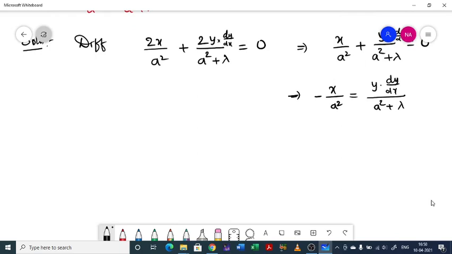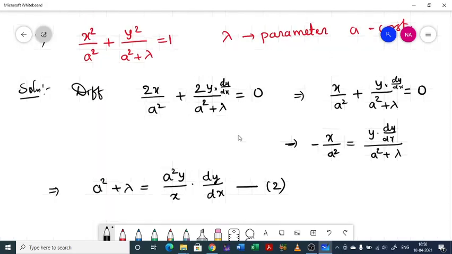Okay, from this we have a square plus lambda equal to a square y divided by x into dy by dx. This thing we got from this one, or we can call this as 2, and the given equation we call that as equation 1.